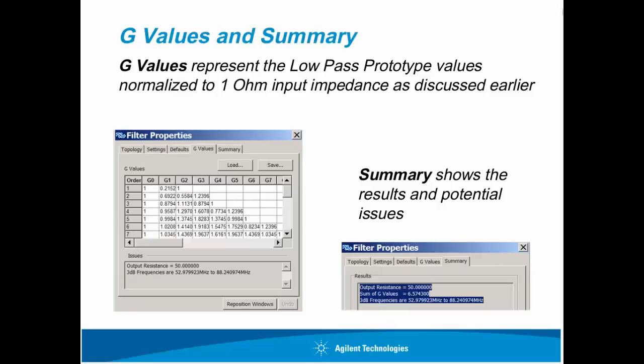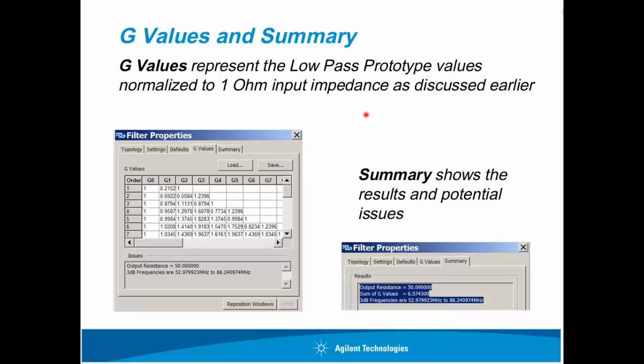And the last two tabs in the conventional LC filter synthesis tool are the G-value tab and the summary tab. The G-value tab is for what the filter does. LC filter directly computes the low-pass prototype values, or G values, for popular response shapes, and it doesn't use tables, so any passband ripple greater than 0 and less than 3 dB may be chosen.